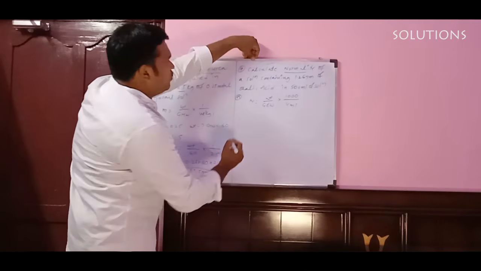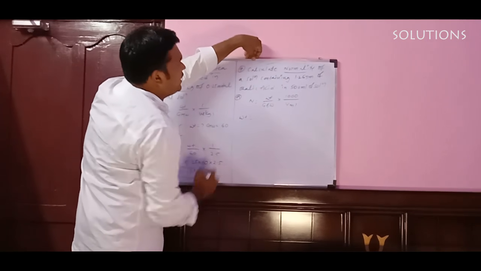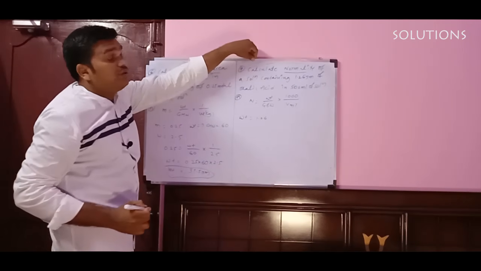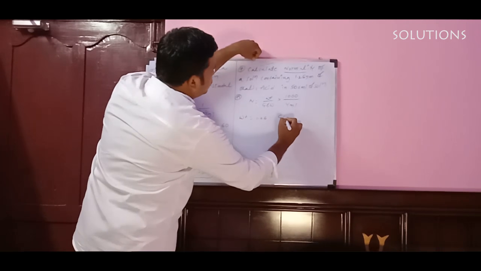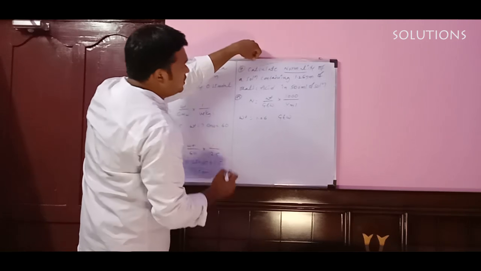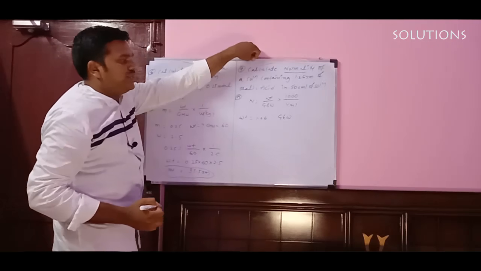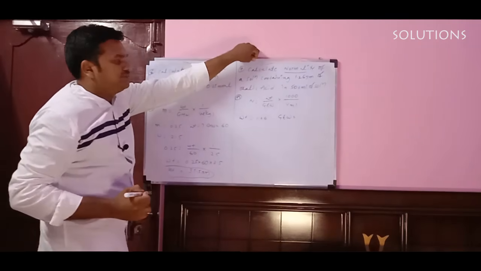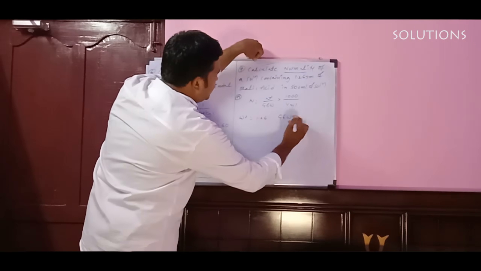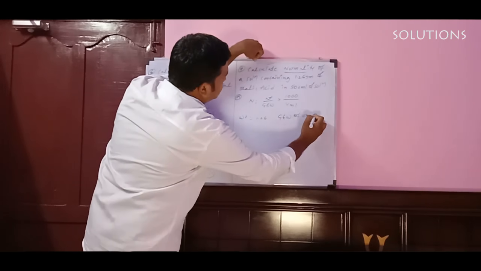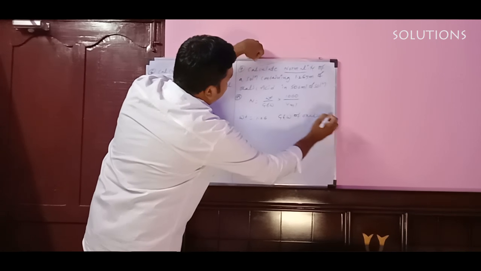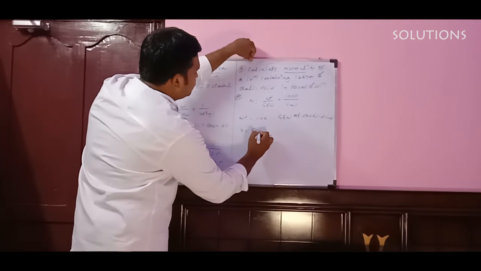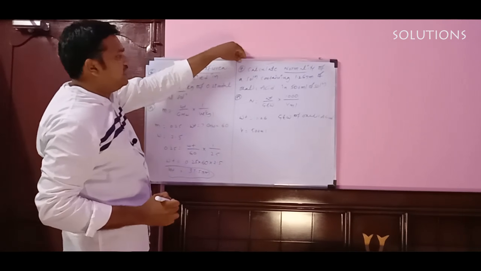The weight given is 1.26. We have to find the gram equivalent weight of oxalic acid. And the volume given is 500 ml.